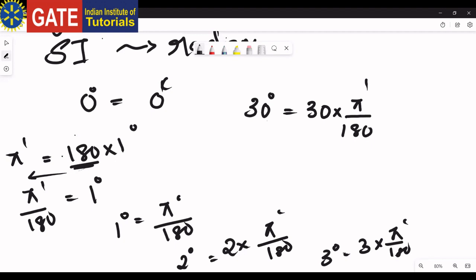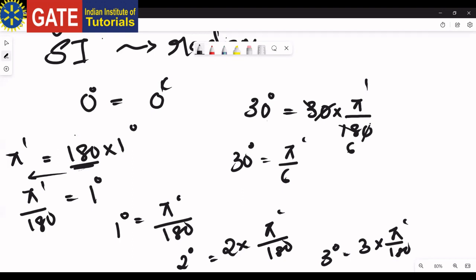So for pi by 180 radians, we have to multiply: for 30 degree, it means 30 into pi by 180. So the 0 and 0 get cancelled. 18 cancelled by 3 will be 6, right? So that is why 30 degree becomes equal to pi by 6 radians. Got it?